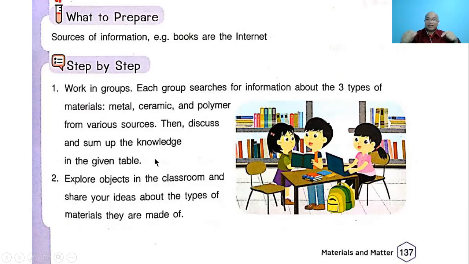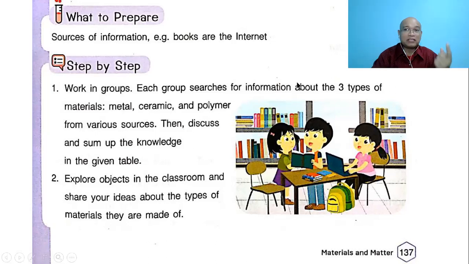Because we are in this pandemic and you are in your respective homes, we can modify. It means change or adapt this to our situation. It means you and your parents or your friends can look it up on the internet now and explore objects in the classroom, maybe in your home, and share your ideas about the types of materials they are made of.